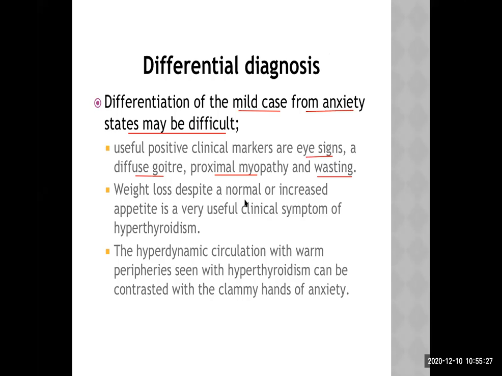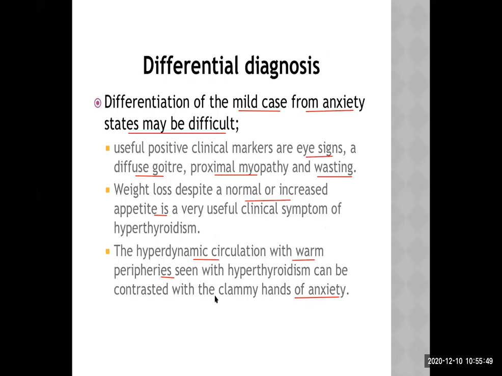Weight loss despite a normal or increased appetite is a very useful clinical symptom of hyperthyroidism. No doubt about it. We ask this history all the time. And the hyperdynamic circulation with warm periphery is seen with hyperthyroidism, which is not seen in a patient with anxiety.